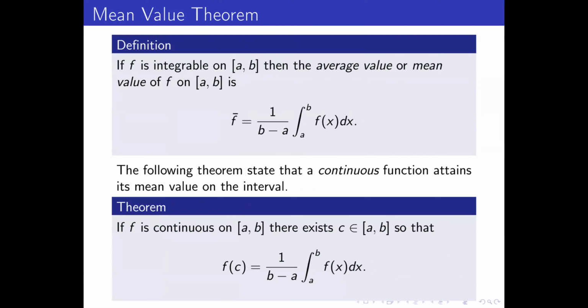This is actually easier to prove than the mean value theorem for derivatives, because later on I will show you why it is easier. But here is a proof, which is quite simple.